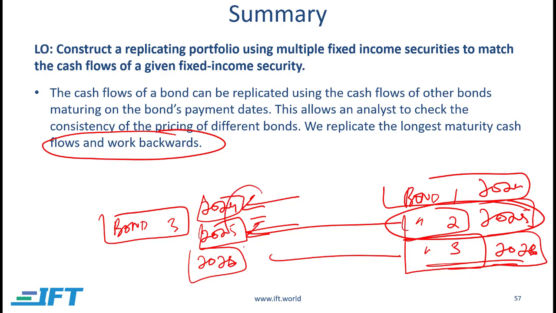And then after adjusting these two coupons, which will be coming from the third and the second bond, you will see how much cash flow needs to be replicated for the first year after adjusting for the coupon of the second and third. And then you will be able to figure out how much of the first bond you need to buy. So that's a really complicated calculation, and we covered that in the third video. But if you use strips, that's much easier to do.